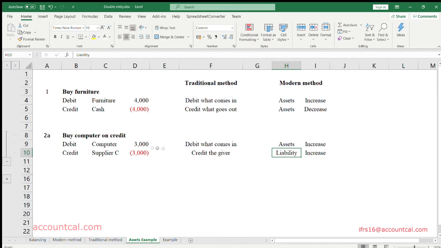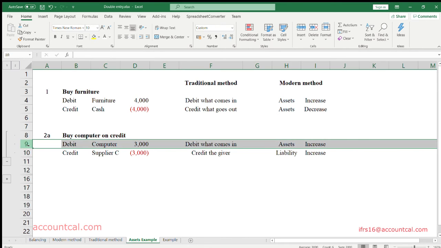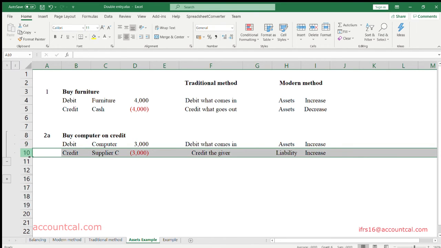When the asset increases, you debit the asset, but when the liability increases, you credit the liability. So in both the traditional and modern methods, you credit supplier by 3,000, and both sides of this entry sum to zero. It's equal. So if you note this down, you will see how and why we have debited computer and credited supplier.